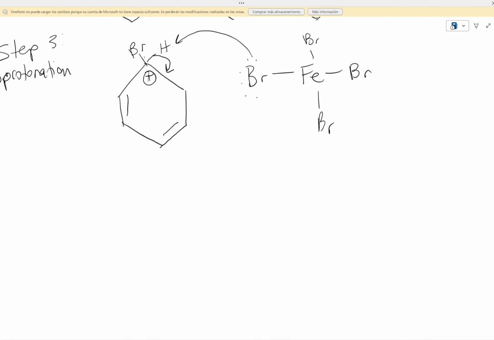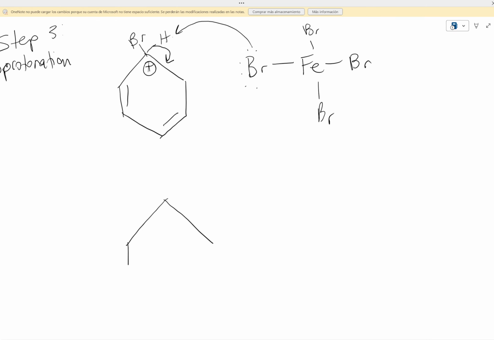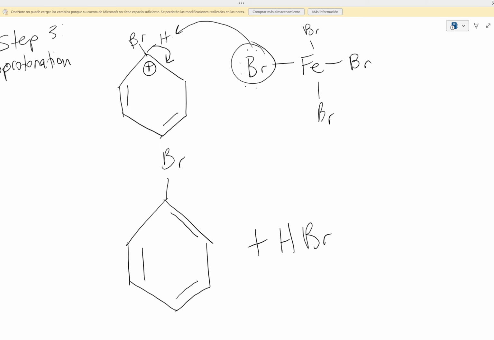So what are gonna be our products in step 3 now? We're gonna end up with something that looks like this. We're gonna end up with what we call bromobenzene, and then the hydrogen and bromine here will react to create hydrogen bromide as the bromine leaves that ring.